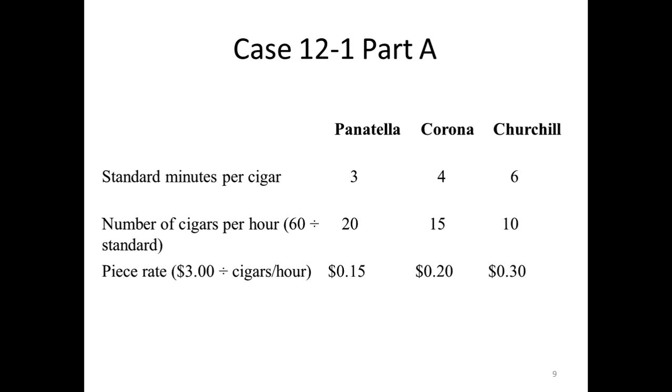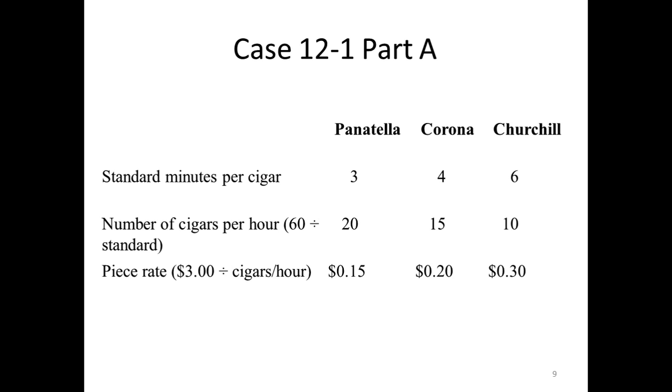So that is translated into a per cigar rate. So the more cigars they make, the higher they get paid. Now, Domingo makes 3 types of cigars: Panatellas, Coronas, and Churchills, and all 3 use the same type of tobacco, but in differing or varying amounts.